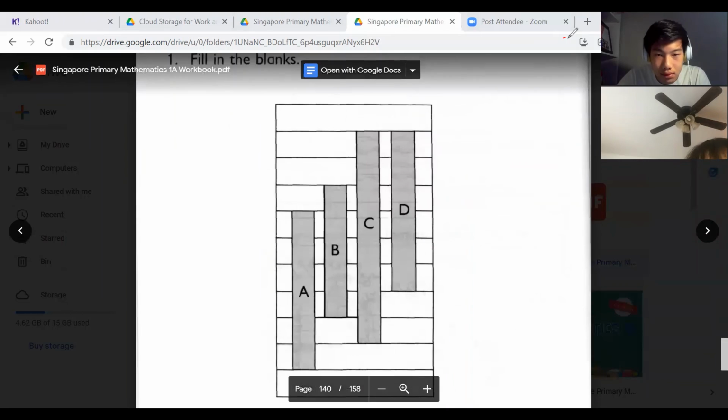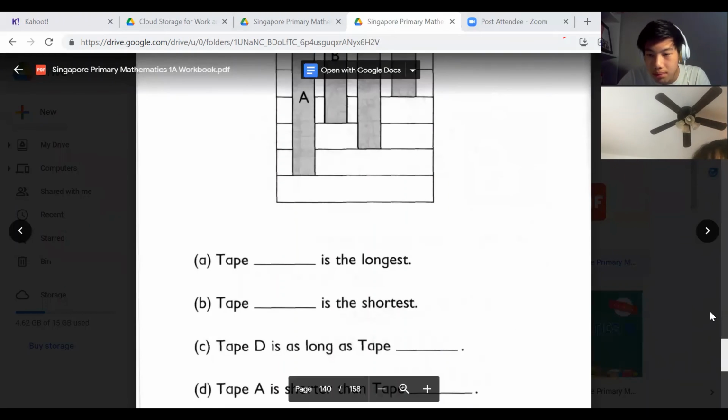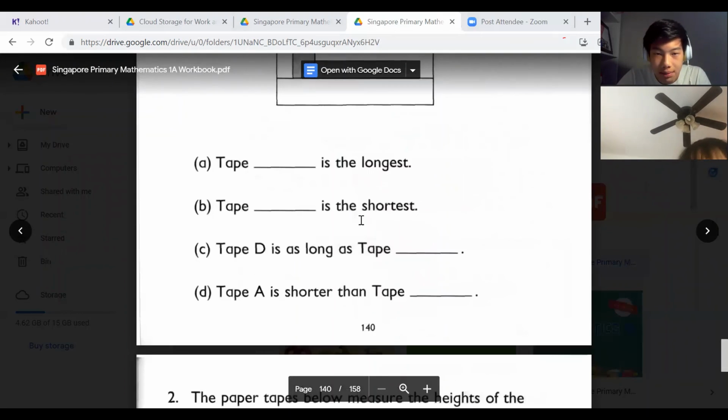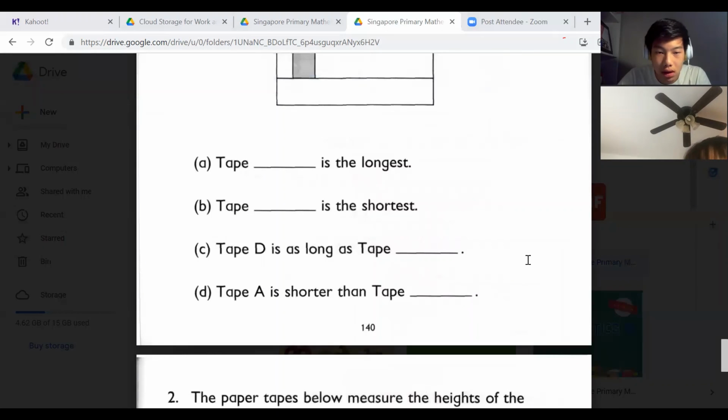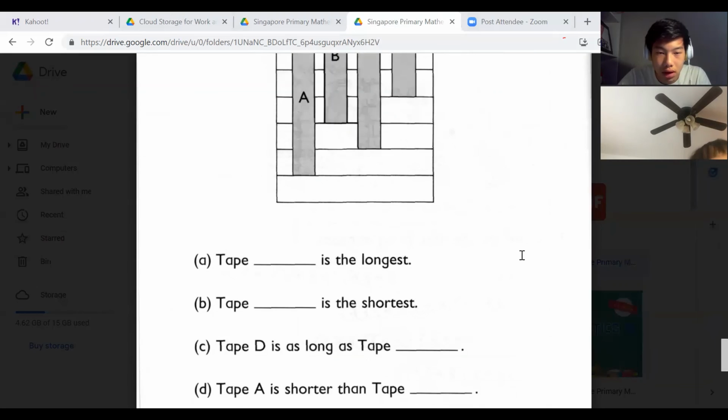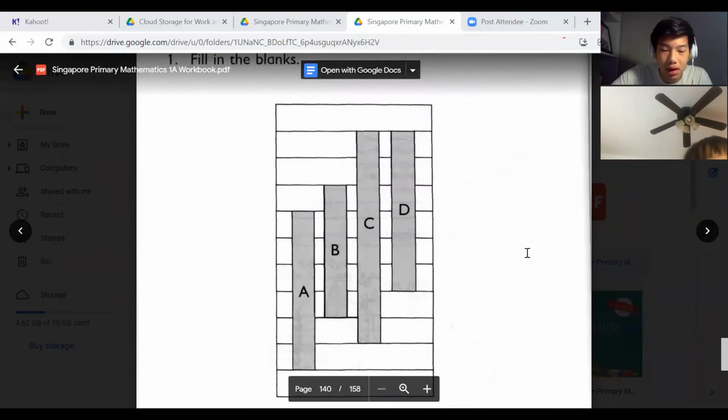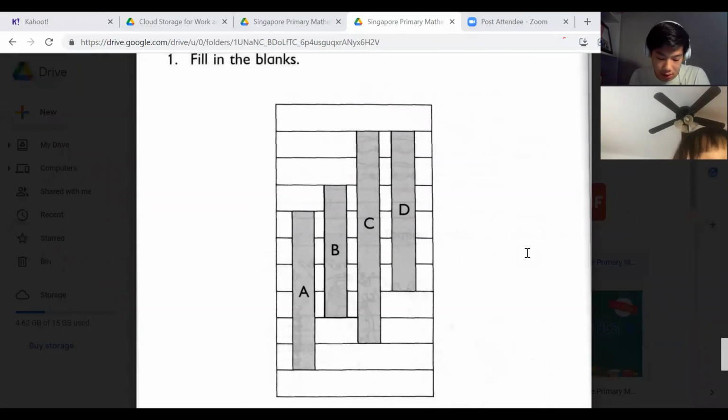Okay. Now, fill in the blanks. Tape something is longer. Okay. So which tape is longest and which tape is the shortest? C and B. C is the tallest and B is the shortest. Perfect.